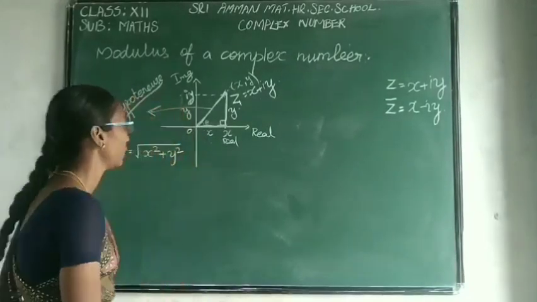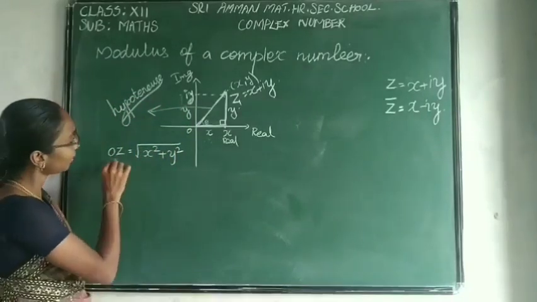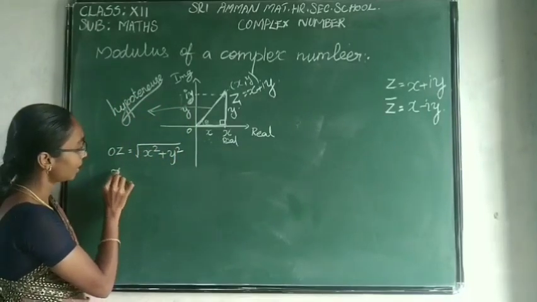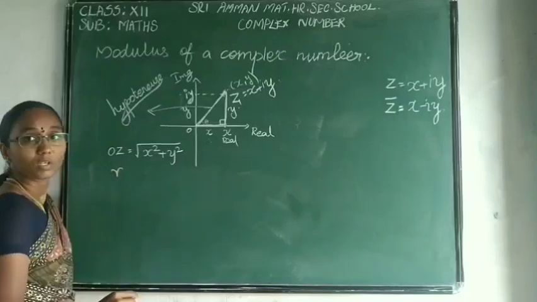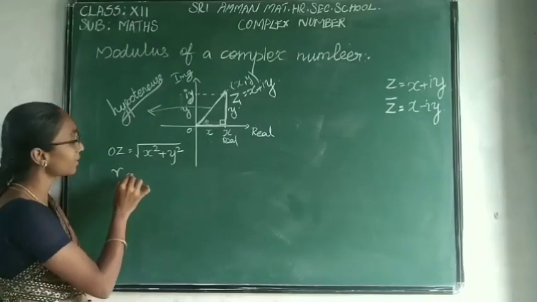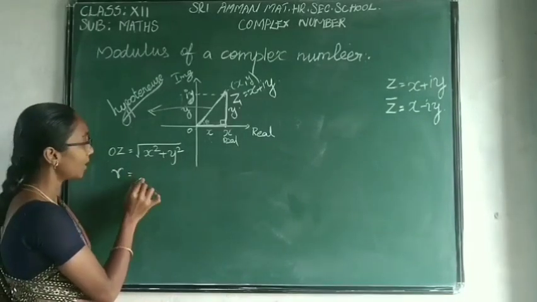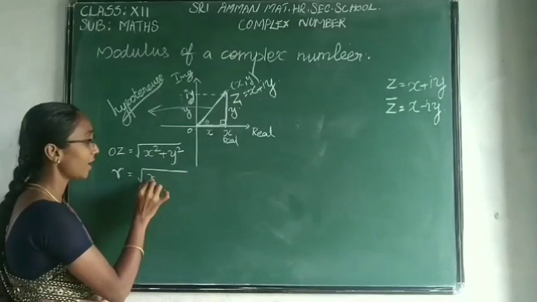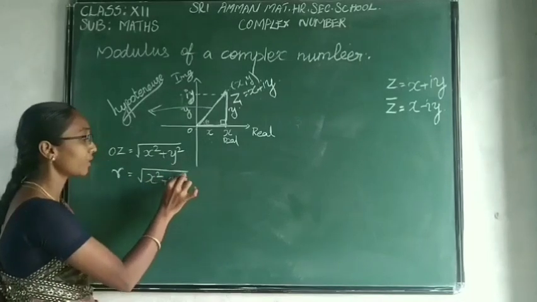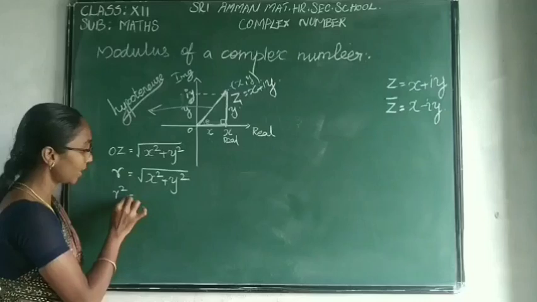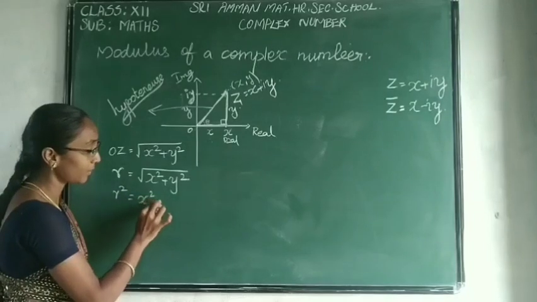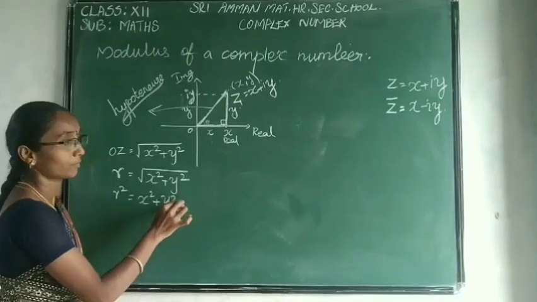That is also represented by the letter R, whose value is root of x squared plus y squared. Therefore, R squared equals x squared plus y squared.